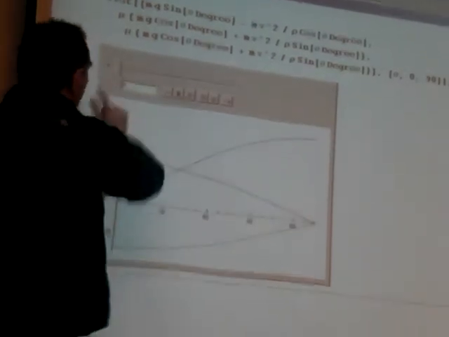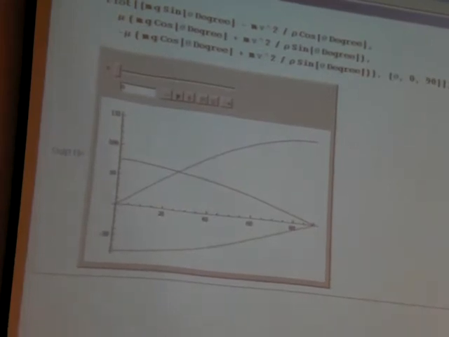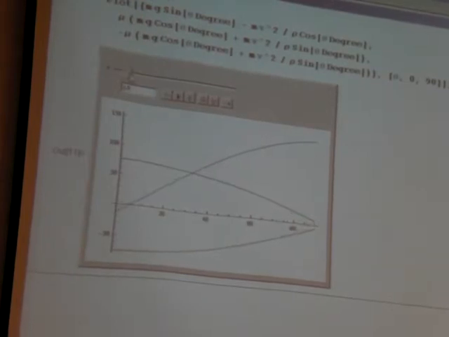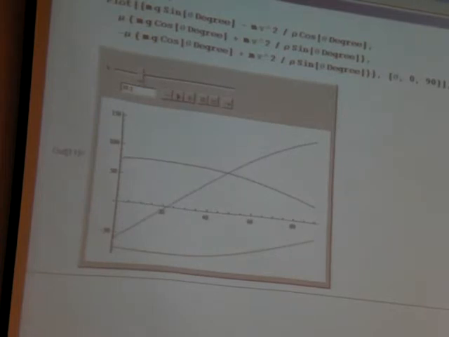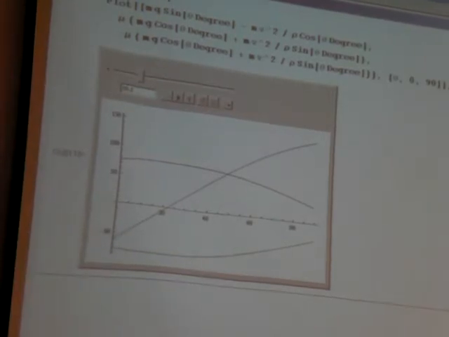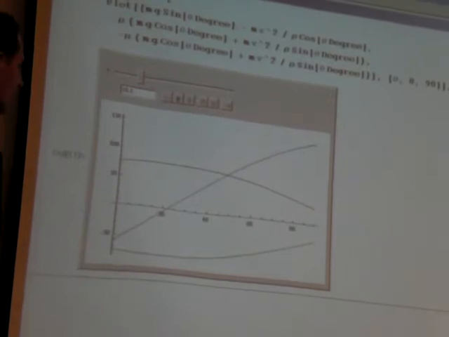But now, let's increase the velocity. You see that the curves change a little bit. With velocity, when the person is horizontal, it's still possible to be in equilibrium, no problem.